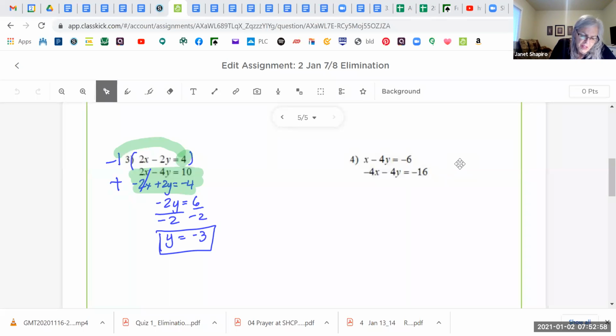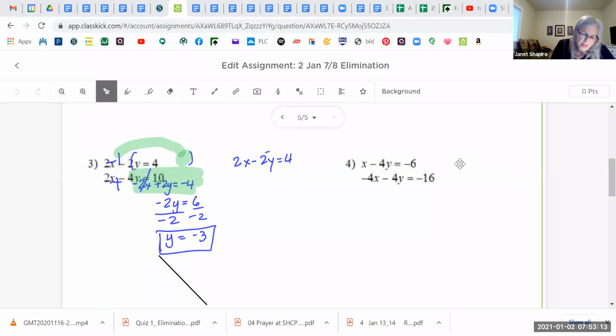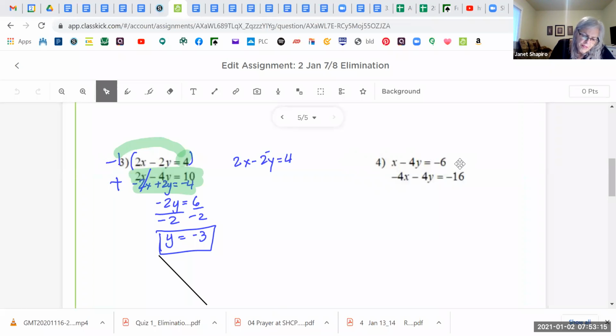Now I'm substituting, and again, I can choose either equation. I just pick the one that maybe looks the easiest, and I put a -3 in here. So I have 2x, a -2 times a -3 is a positive 6.